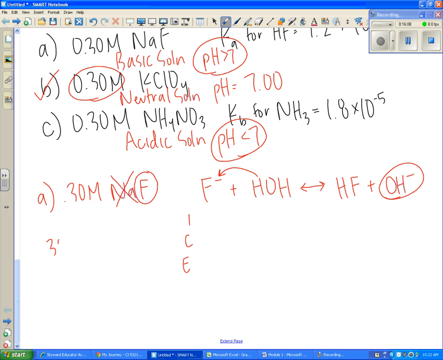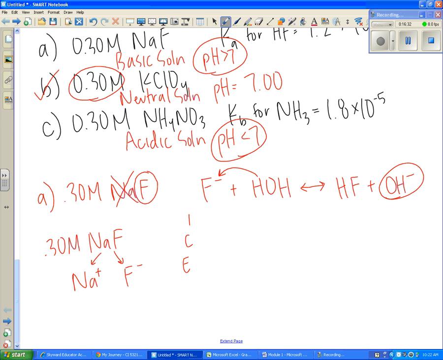If I have 0.30 molar sodium fluoride, that means I have 0.30 moles in every 1 liter. When this breaks up, it will break up into sodium ions and fluoride ions in a 1-to-1 ratio.